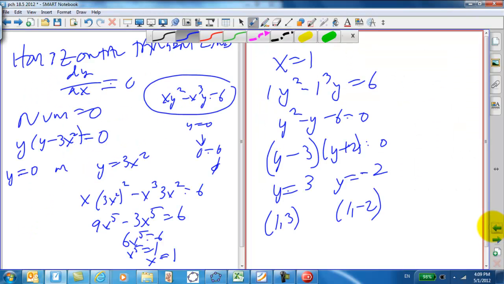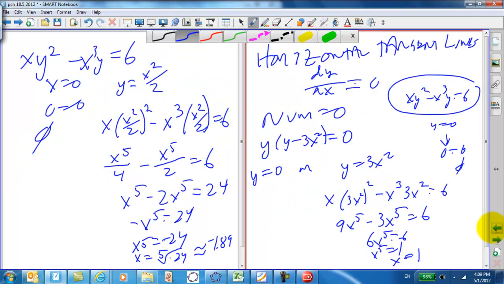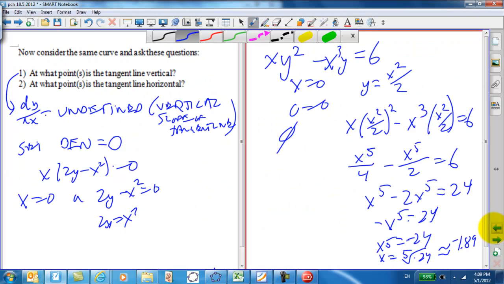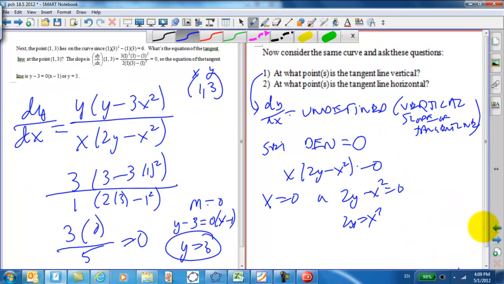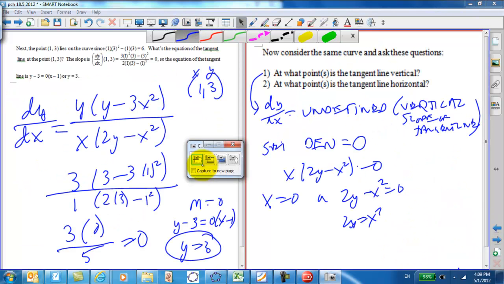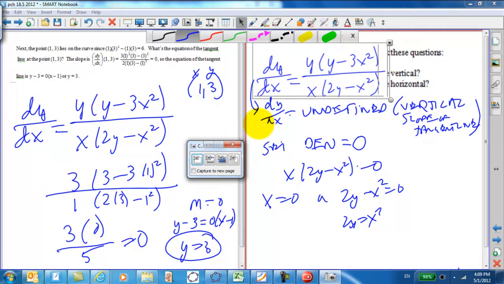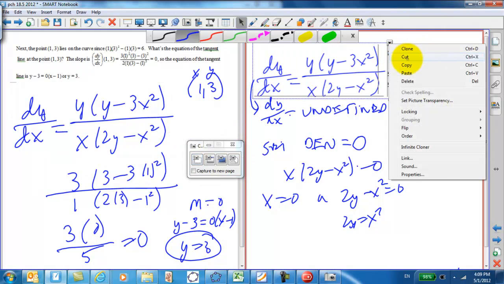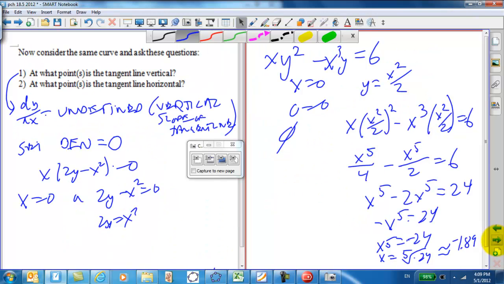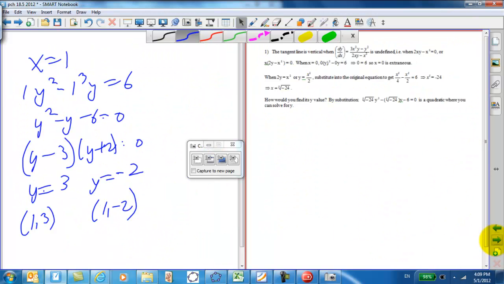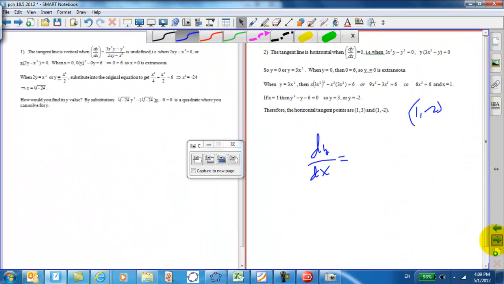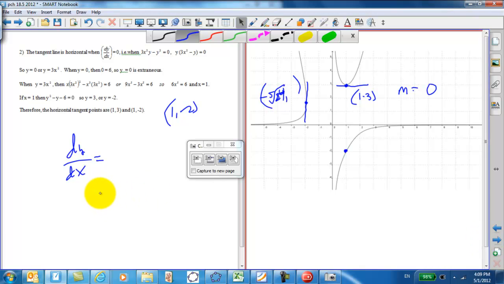Remember the formula for dy/dx? Way back here, it was, let's cut this out. Paste in here.